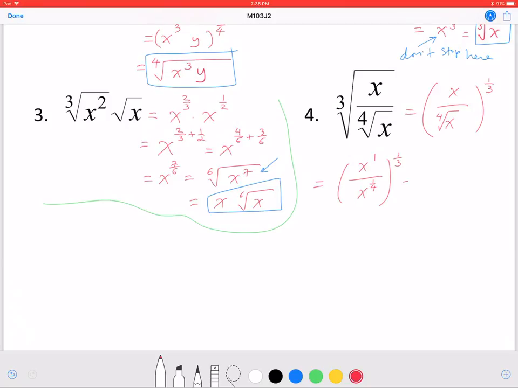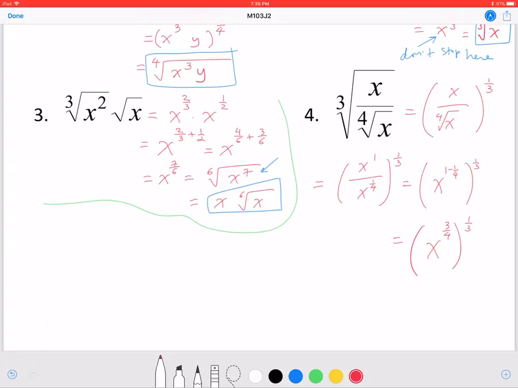Let me take care of what's in the parentheses. It should be 1 minus 1/4. That's one of the rules of exponents. And of course, 1 minus 1/4 is 3/4.